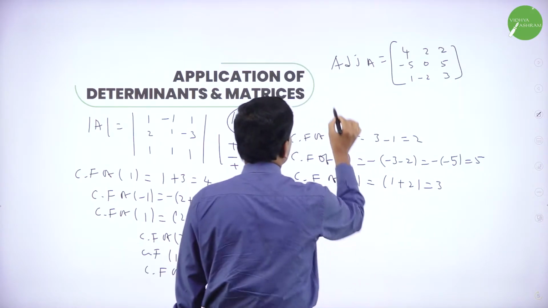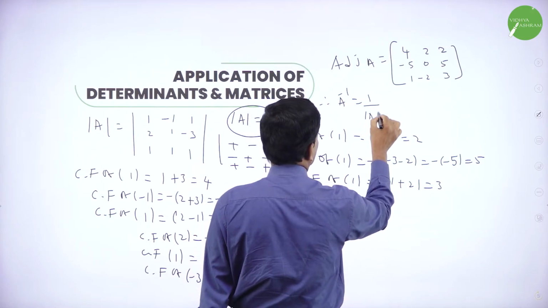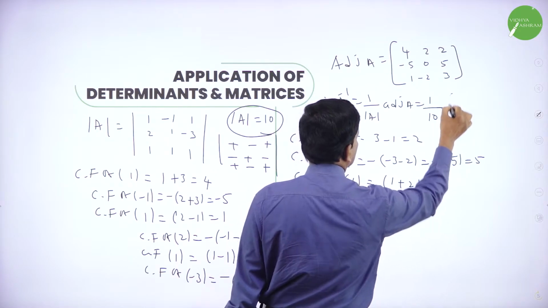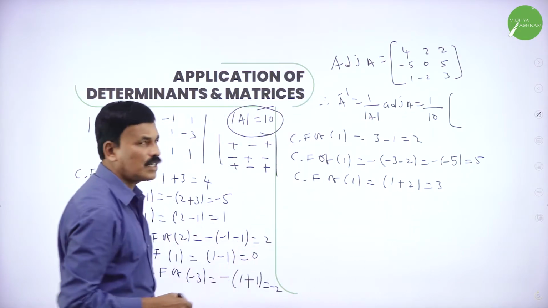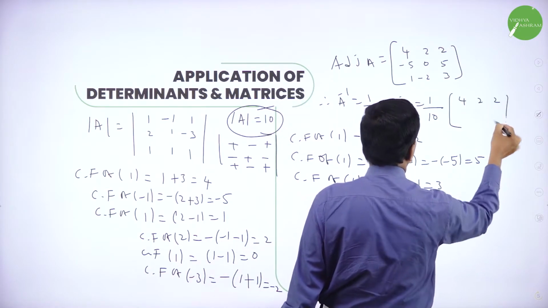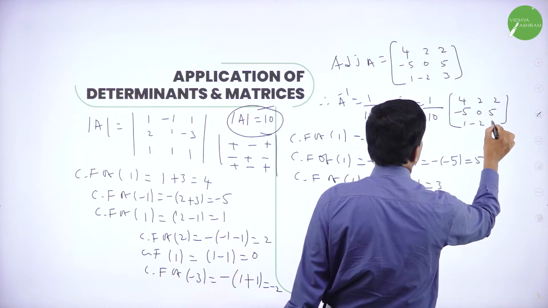Now therefore A inverse is equal to 1 over determinant of A into adjoint of A. 1 over determinant A is 1 over 10. So 1 over 10 into adjoint of A, which is 4, 2, 2, minus 5, 0, 5, 1, minus 2 and 3.